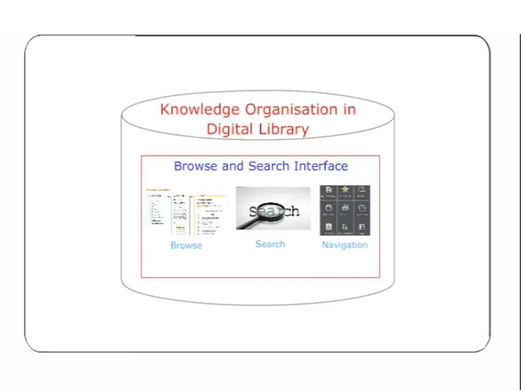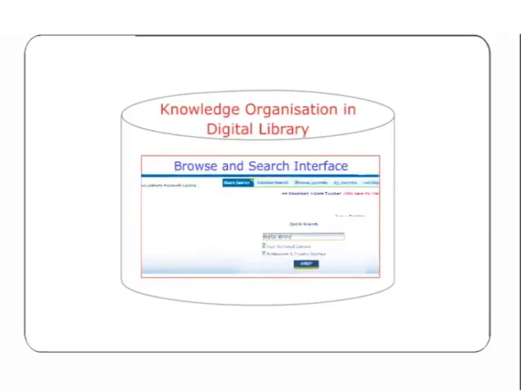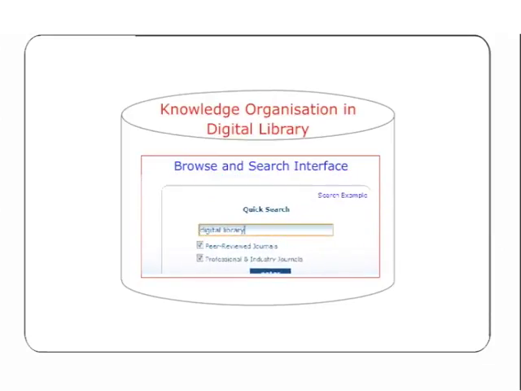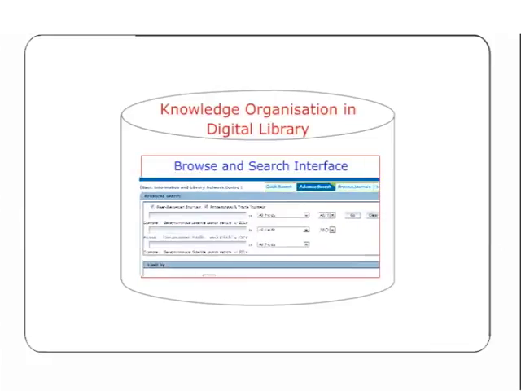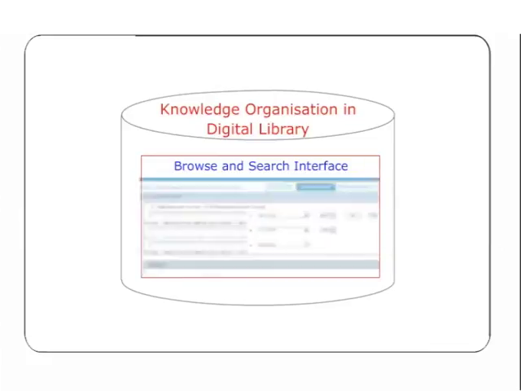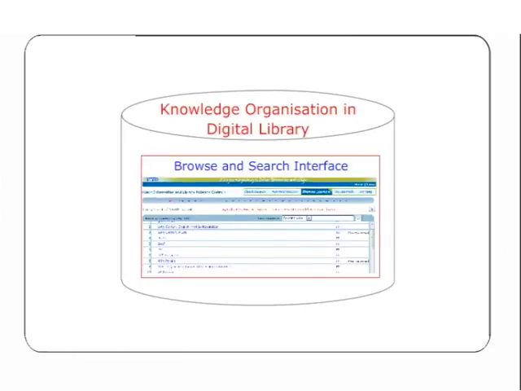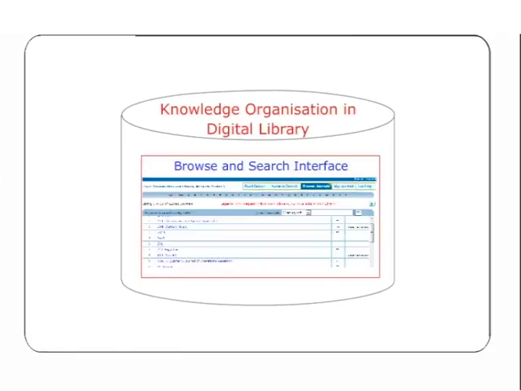Moreover, most digital libraries support full text search and use semantic web technologies that provide for linking of search terms and subject terms with thesaurus and standard vocabulary for effective browsing and searching.